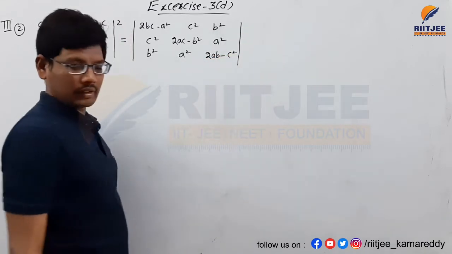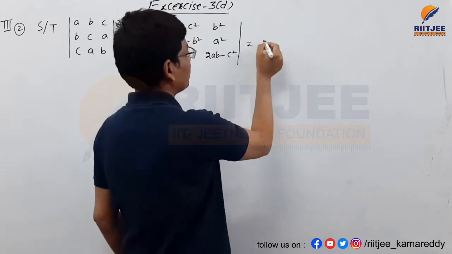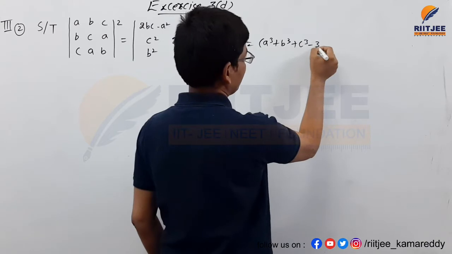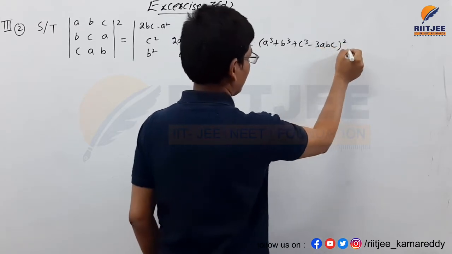The modulus is equal to (A cube plus B cube plus C cube minus 3ABC) whole square.